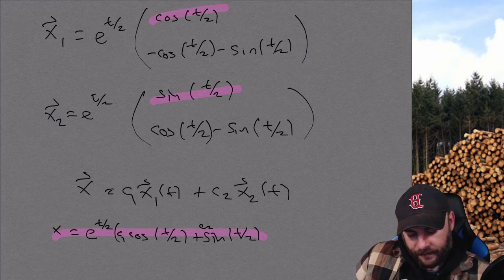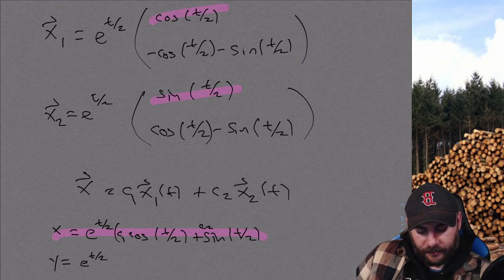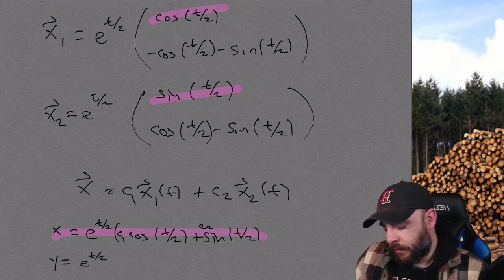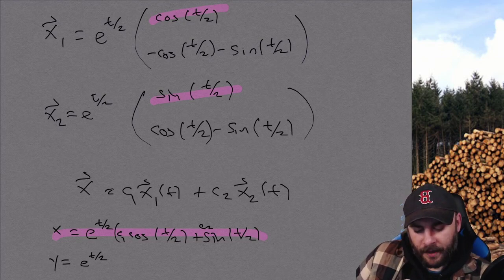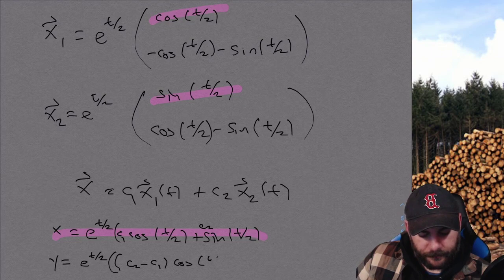All right. Now my y, again, we're doing component form, right? Is e to the t over 2. And now if I look, I've got a minus C1 cosine and a C2 cosine. So I've got C2 minus C1 cosine t over 2. And then I've got a minus C1 and a minus C2.